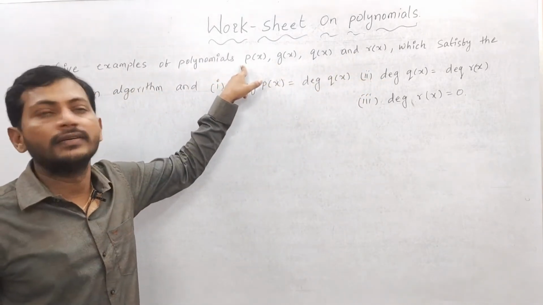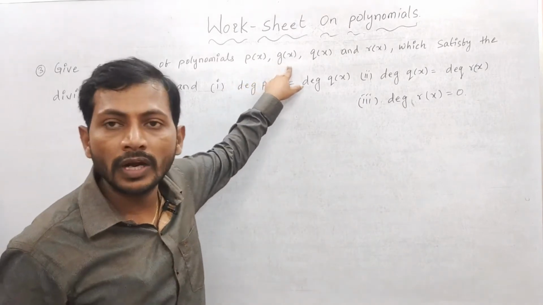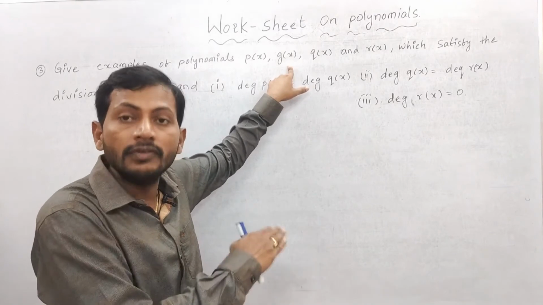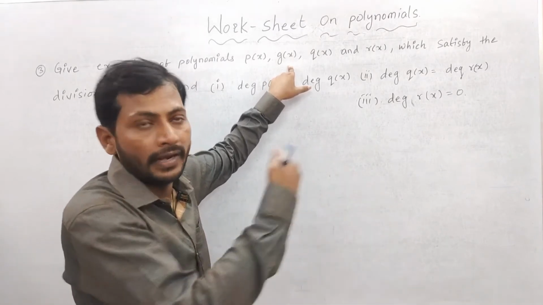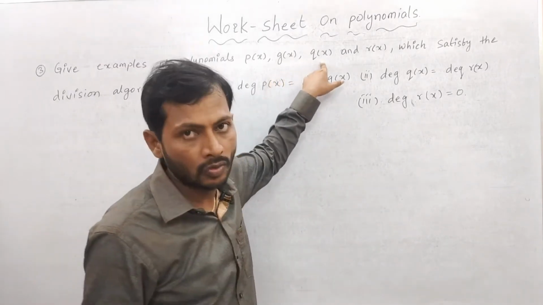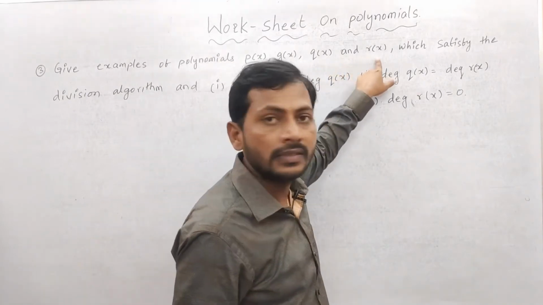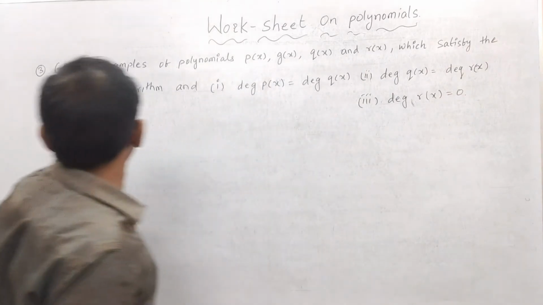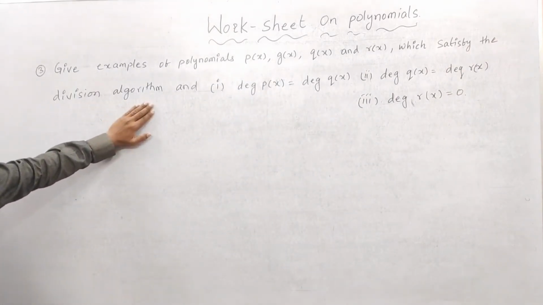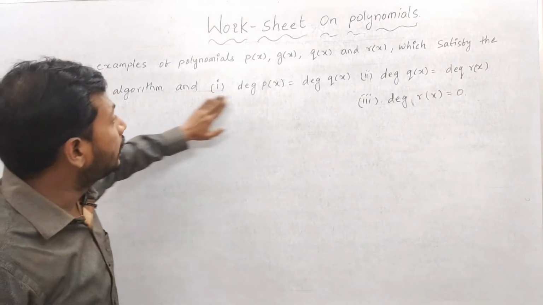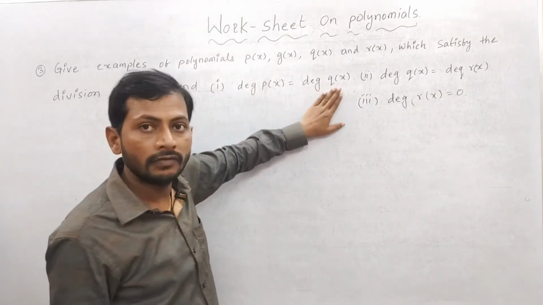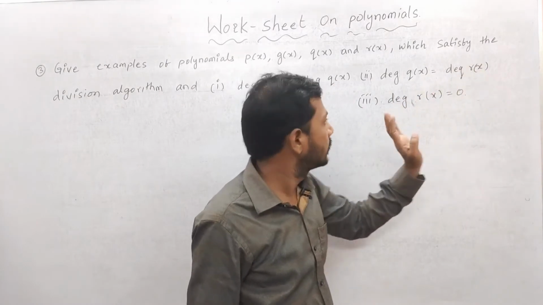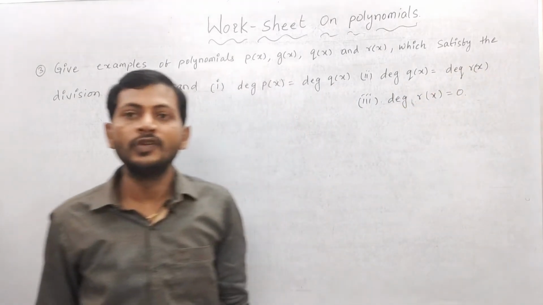It means dividend. g of x means the divisor, with whom you are going to divide. q of x means quotient. r of x means remainder, which satisfies the division algorithm. And degree of p of x equals degree of q of x, degree of q of x equals degree of r of x, and degree of r of x equals 0.